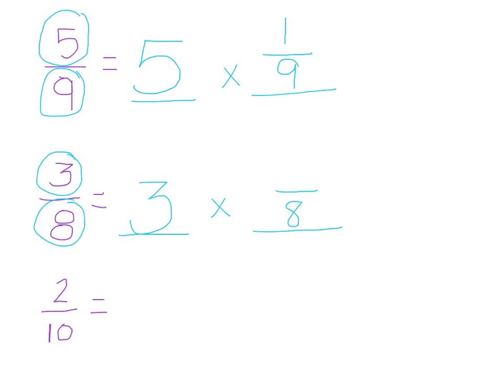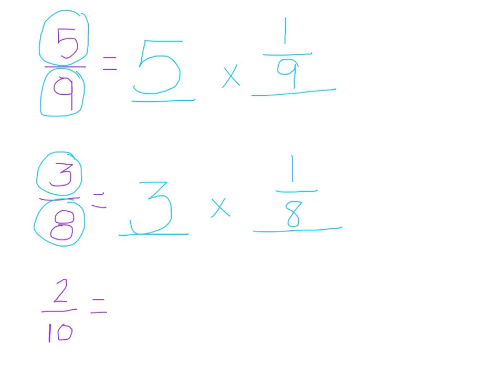And I need to make this a unit fraction, so my numerator is going to be 1. So my multiplication equation would be 3 times 1/8 equals 3/8. And 3/8 is the third multiple of the unit fraction 1/8, because when you multiply 3 times 1/8, you get 3/8.